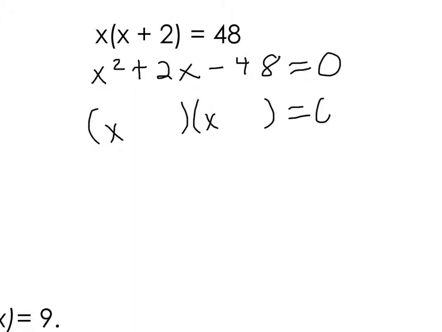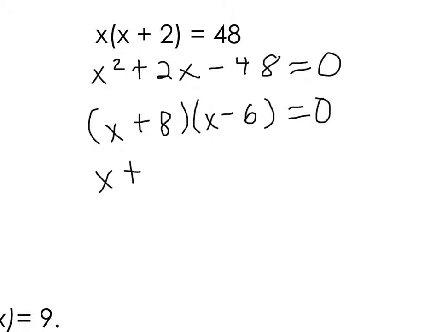What are the signs? How are we going to factor 48? A 6 and an 8 looks like it would work. Where does the 6 go? Where does the 8 go? That gives us positive 2x for our middle term.